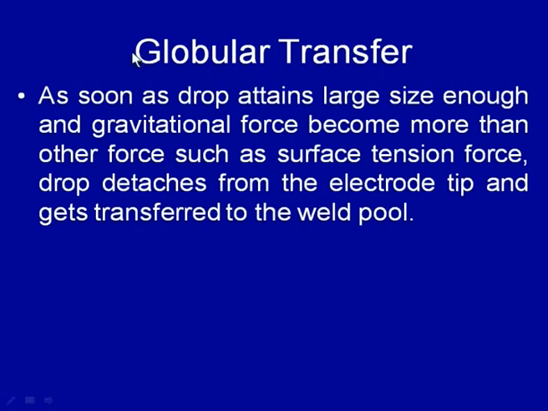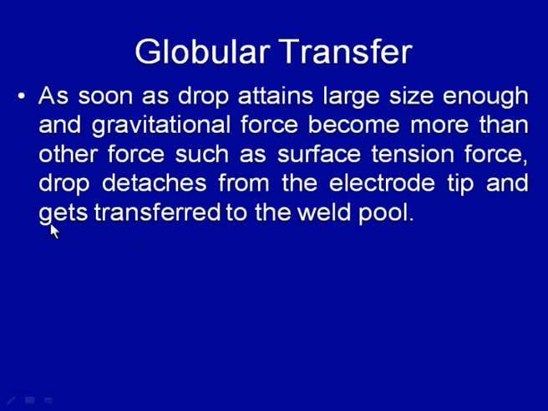Here, as soon as the drop attains a large enough size, the gravitational force becomes more than the other forces such as the surface tension force, which mainly resist the detachment of the drop from the electrode tip.